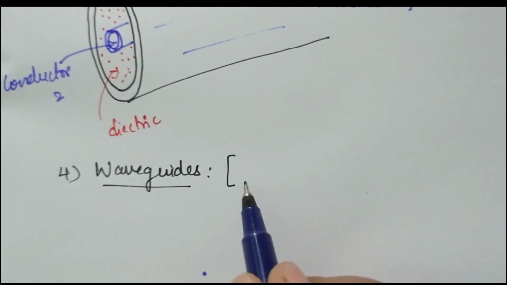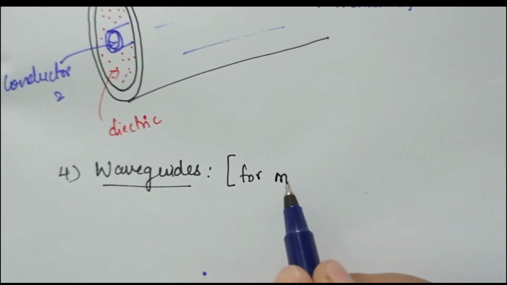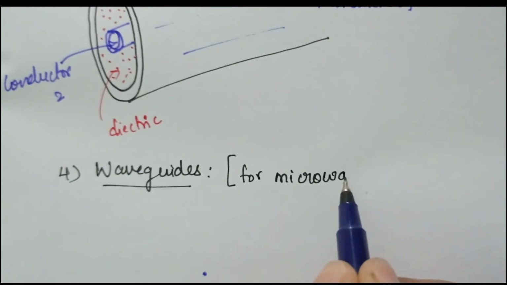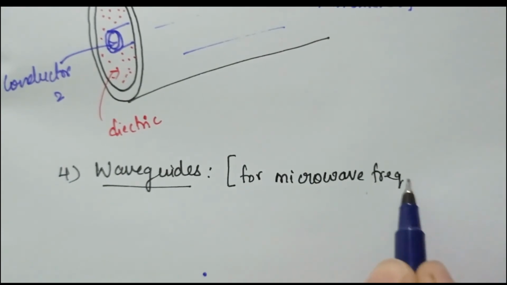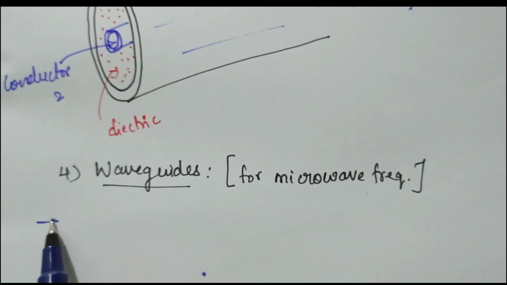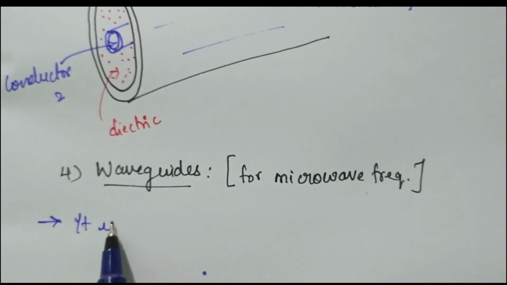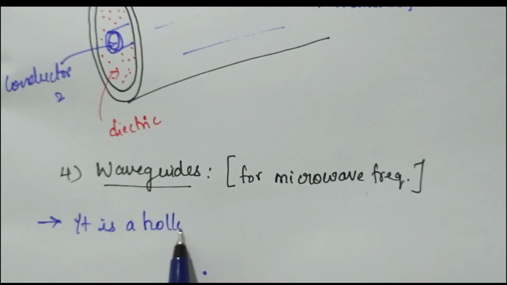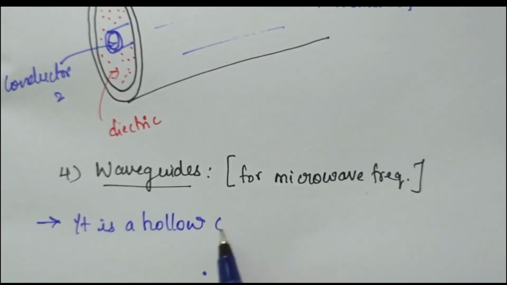It is a hollow conducting tube through which energy is transmitted from the inner walls of the tube. We have two types, rectangular waveguides and circular waveguides.